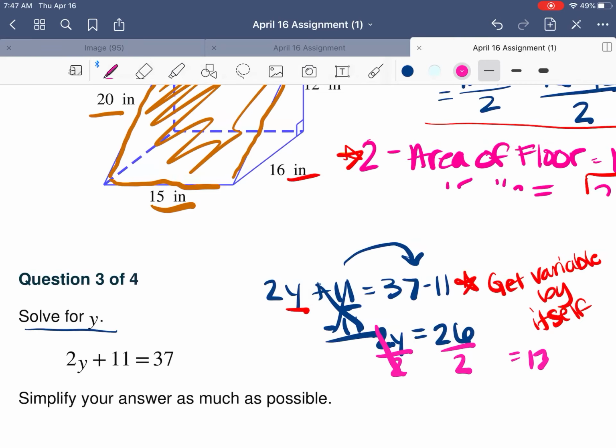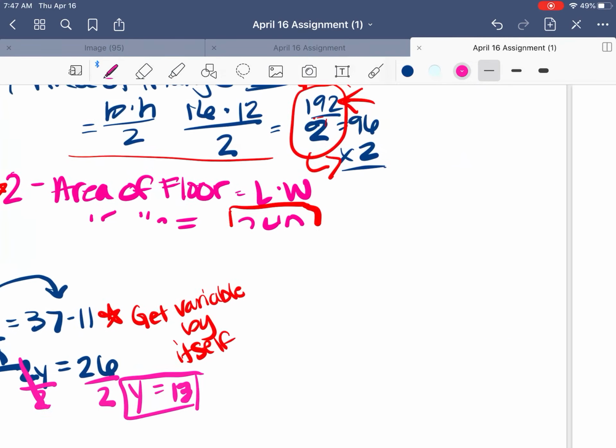So y equals 13. And that's how you would do that problem, because now I have the y by itself. So that's how I would get that answer on that one. Okay, so that's number 3.